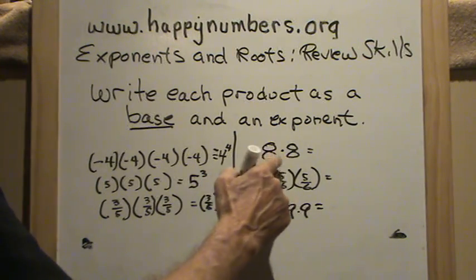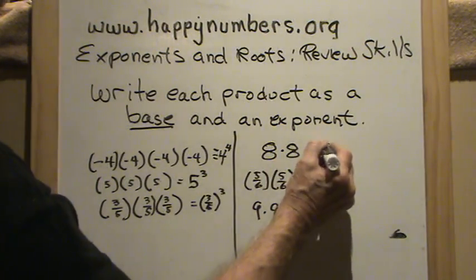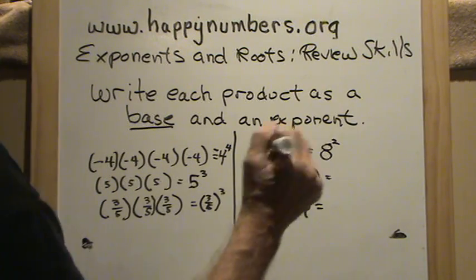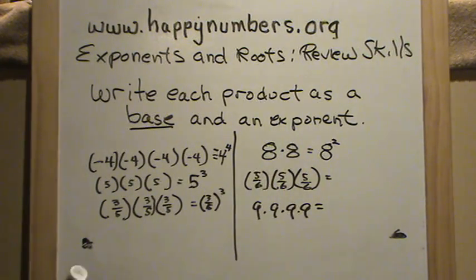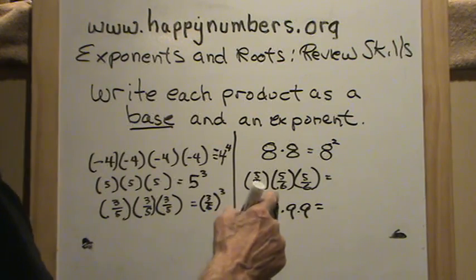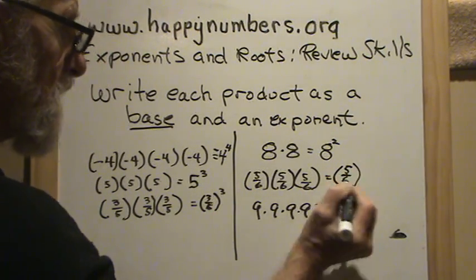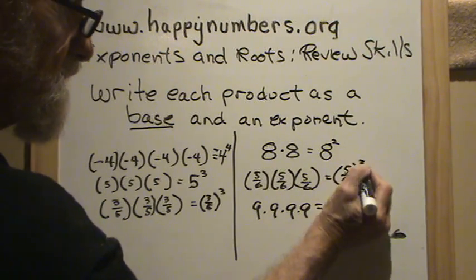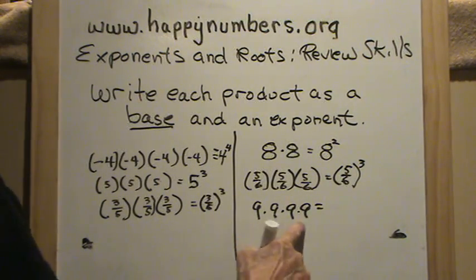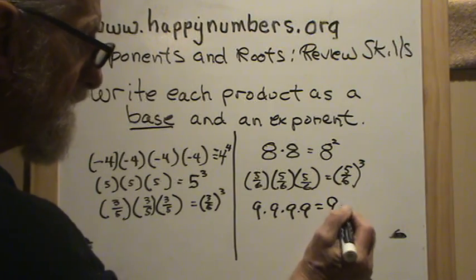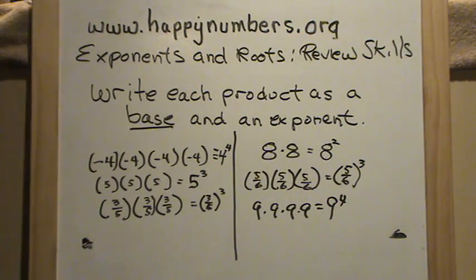Our base number here is 8, and it's 8 squared because there are 2, or 8 to the second power. Our base number is 5/6, the fraction 5/6 to the third power. And our base number here is 9 to the fourth power.